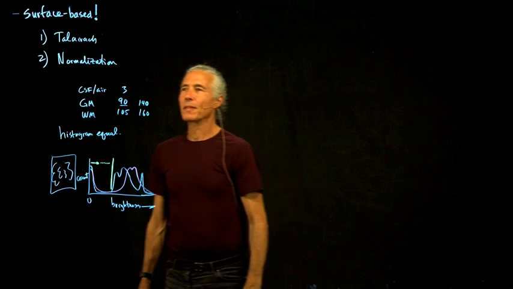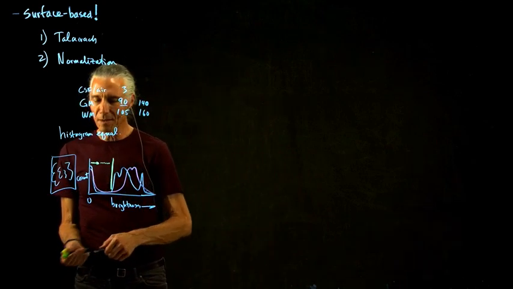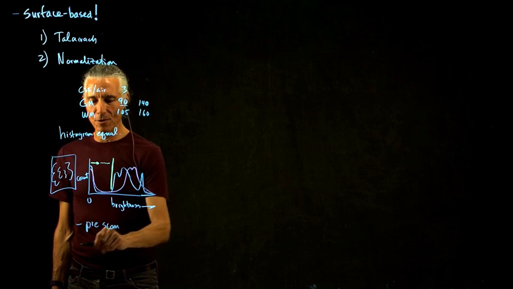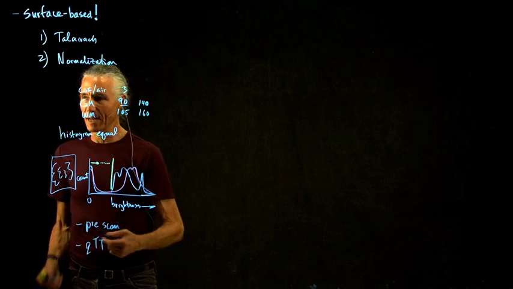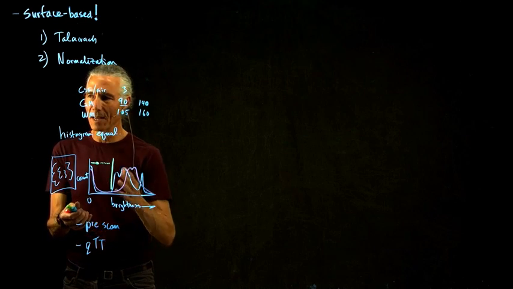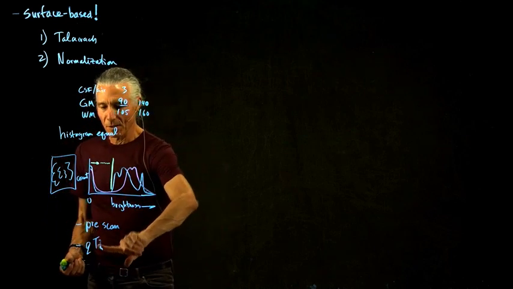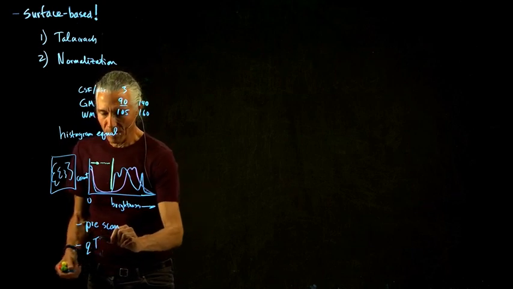So that's good. Now you could also do some kind of pre-scan normalize, or you could do quantitative T1. That's another where we actually have a real number, so we don't have to normalize. You could divide T1 by T2. So there are other things you could do to help out with this.